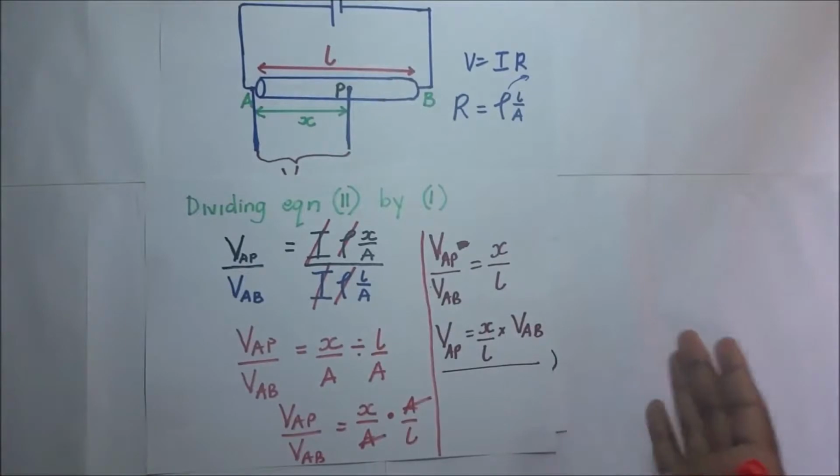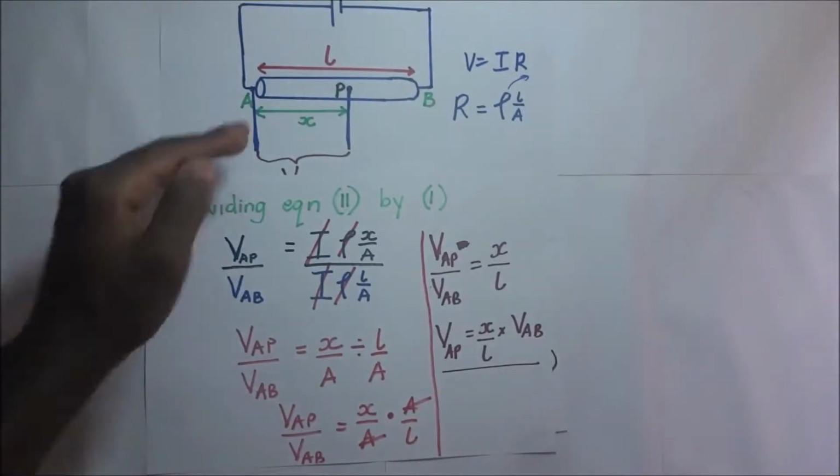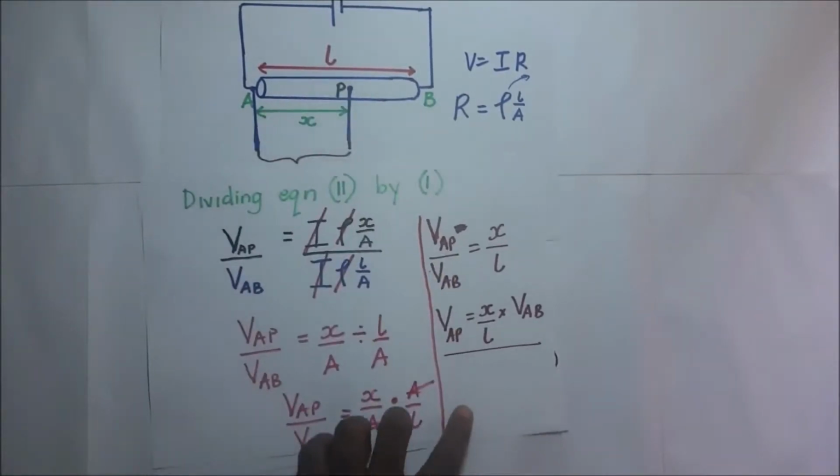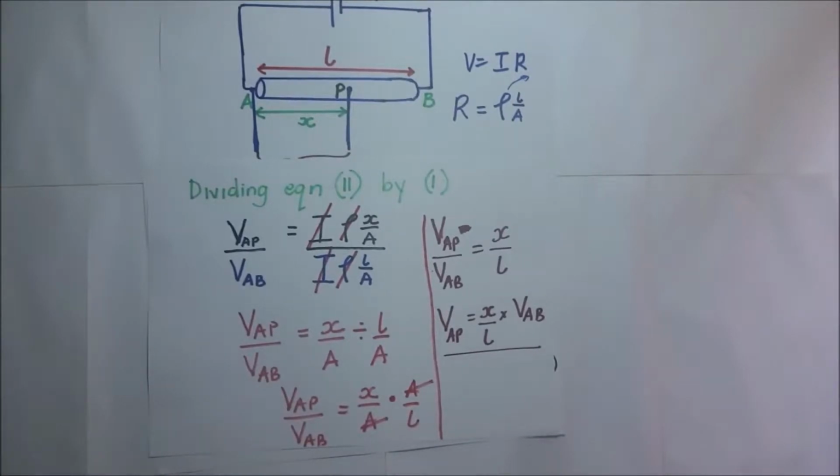That's what we mean by saying that the potential difference across the section of the wire is directly proportional to the length of the wire. This also simply means that the longer the wire, the higher the potential difference across the portion of the wire that we have chosen. Now, this principle is what we call the principle of the potential divider, and it is exactly what we shall be employing when we are dealing with potentiometer circuits.